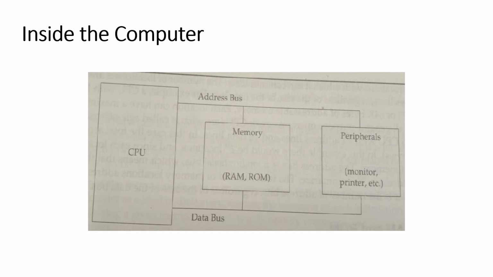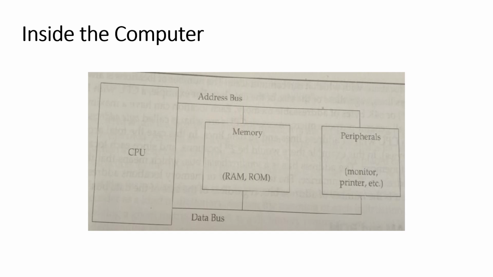Now, in order to process the information, the processor should get the information or data which is to be processed. The processor tries to get the data from the storage devices, which we call memory.